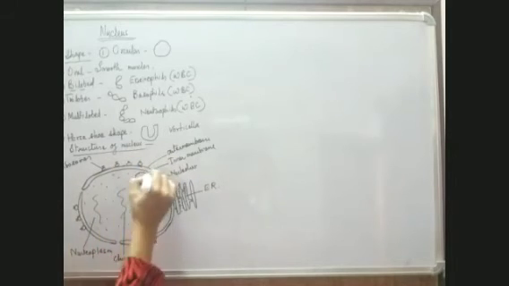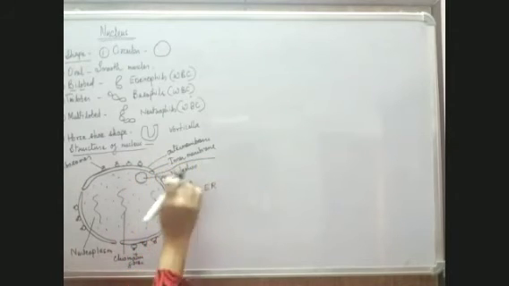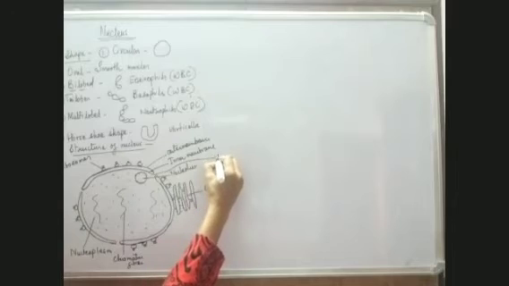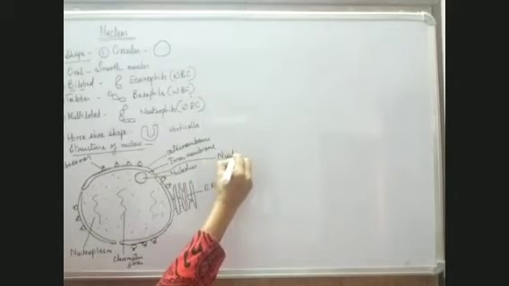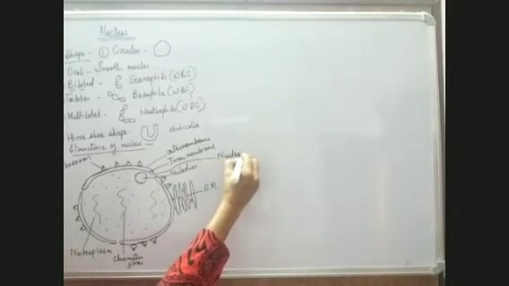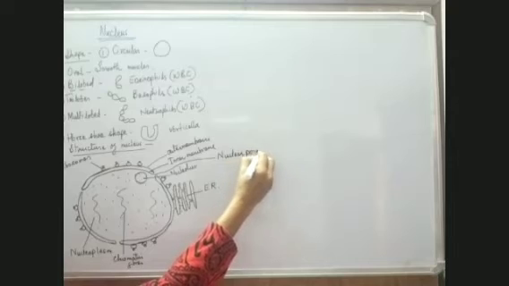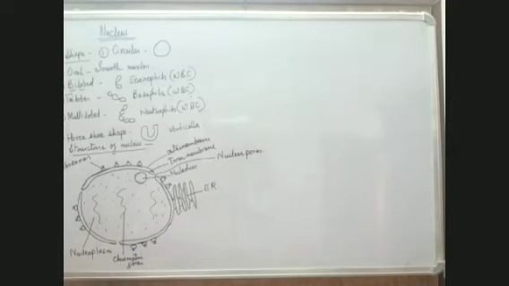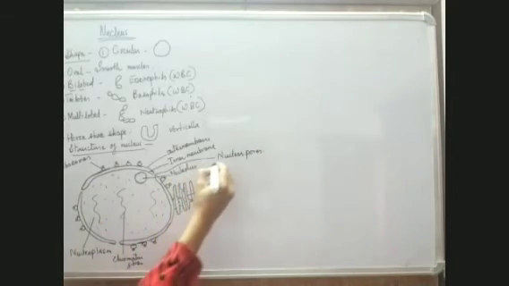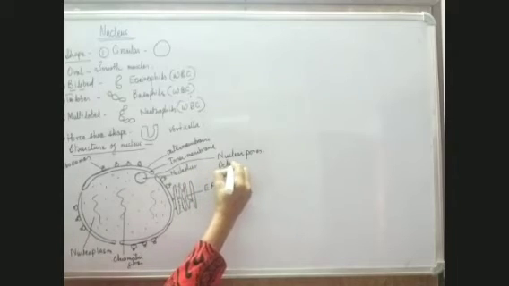Okay. Now, a few things which I want to tell you about this are these structures, these openings which are present here. These openings are nuclear pores. The special features of these nuclear pores are that these are octagonal in shape.